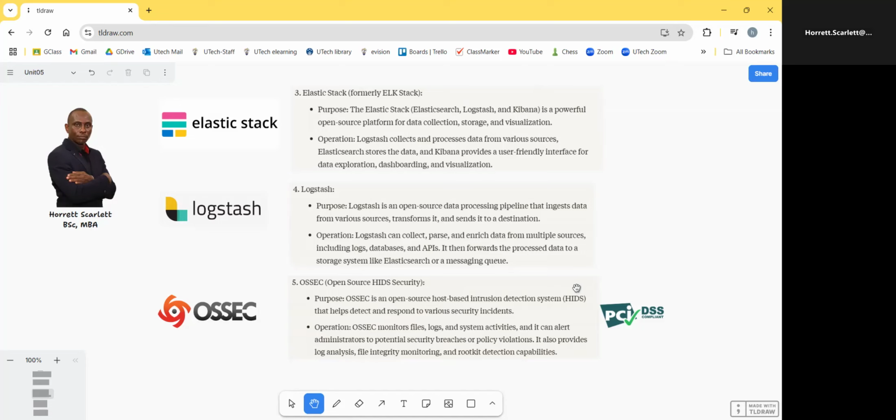Then we have OSSEC, which is a host-based intrusion detection system. And as the name suggests, it wants to monitor the system to find out what kind of intrusions are being attempted. And it will do its work by looking at all of the files.